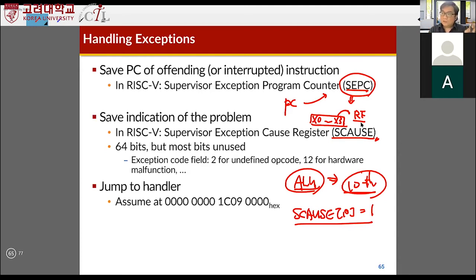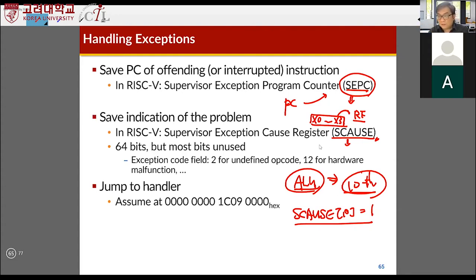So that is the cause of the exception. This cause of exception is also stored in a special register called SCAUSE, the supervisor exception cause register.